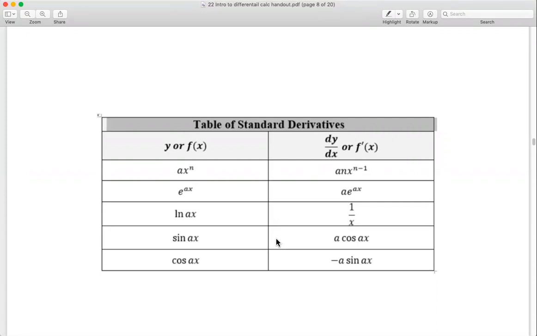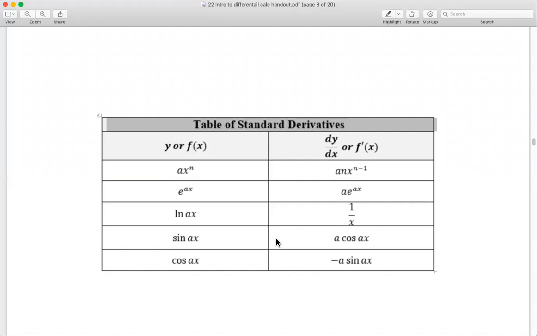So at the moment, I want to focus on the top part of this table of standard integrals, and that's on the screen now. If we have a function that is a times x to the n, so any constant times x to the power of n, what the right hand side is saying is that the derivative is: we keep the a, we multiply by n, and then we put x and take 1 off the power.